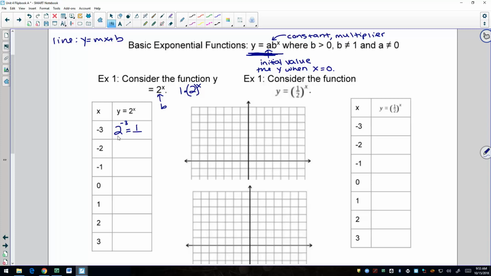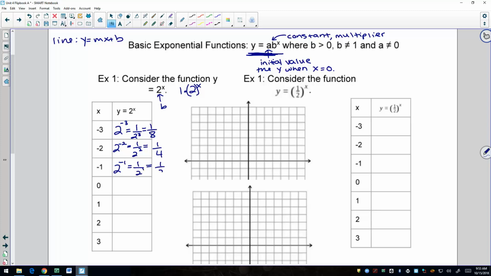Remember, every number can be written as a fraction with an imaginary 1 underneath. So this becomes 1 over 2 to the positive third, and 2 times 2 times 2 is 8. So that's 1/8. Moving on, 2 to the -2 would be 1 over 2 to the positive 2, which is 1/4. And the last negative is 2 to the -1, which is 1 over 2 to the positive first, which is 1/2.